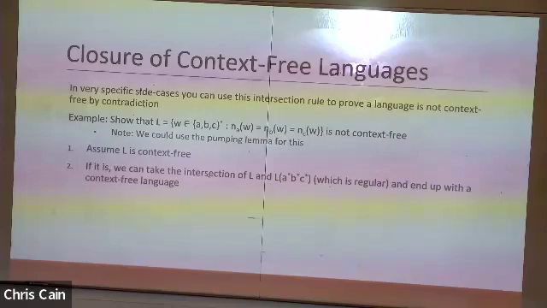If this language is context free, then when we take the intersection of them, the result will also be context free. Does that make sense? What do we get when we take the intersection of the example language with this regular language, A star, B star, C star? What is that intersection?